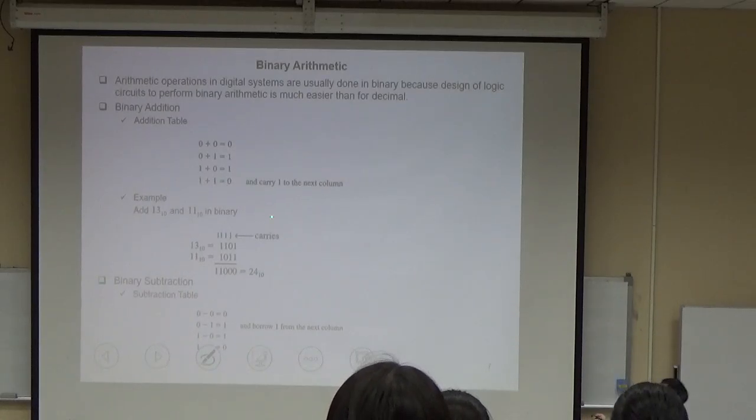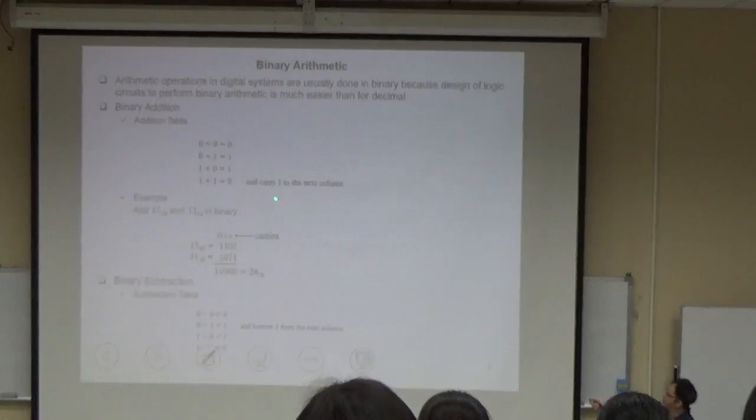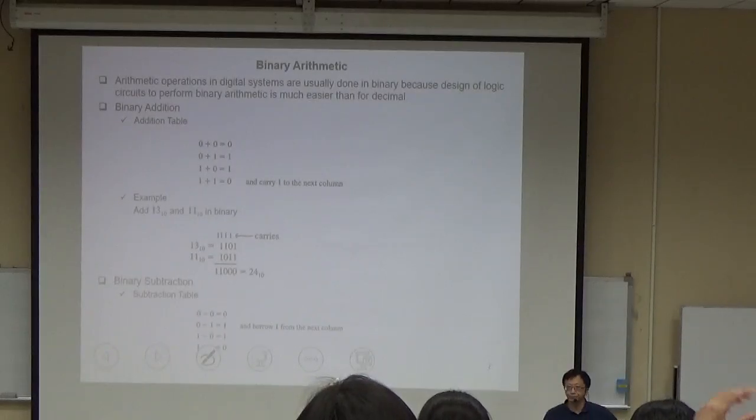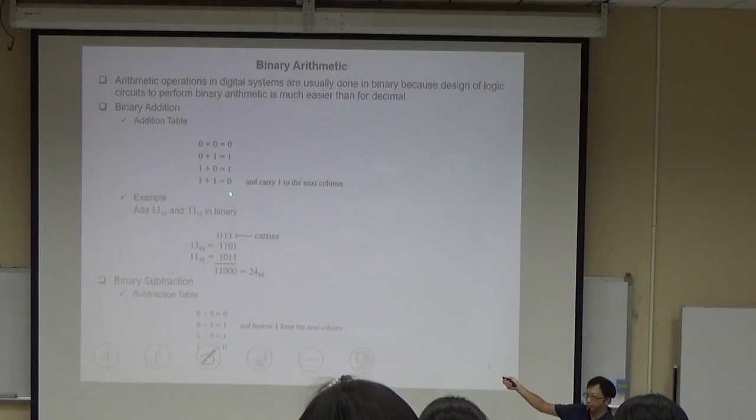In practice we write 0 as the result and carry 1 to the next column. We define this as a carry in the circuit design. So the result here is 0 with a carry bit for the next column.